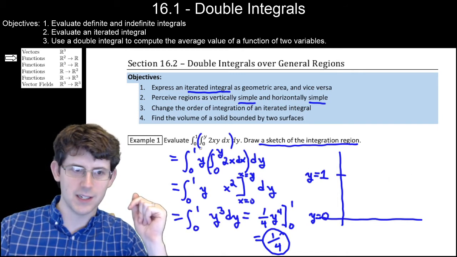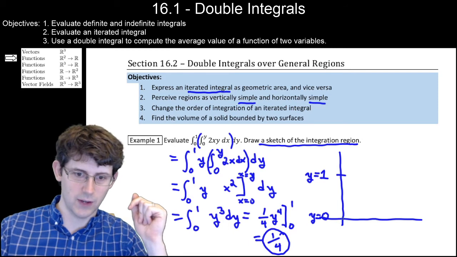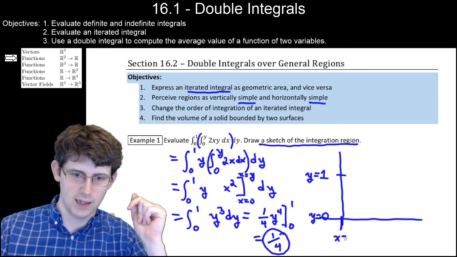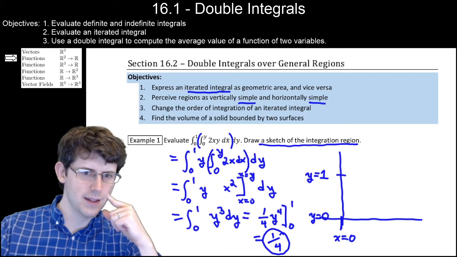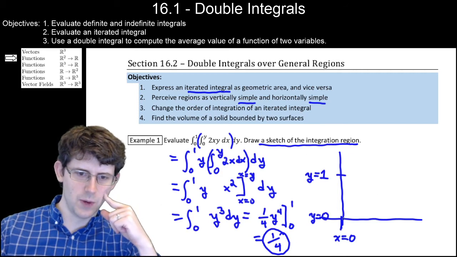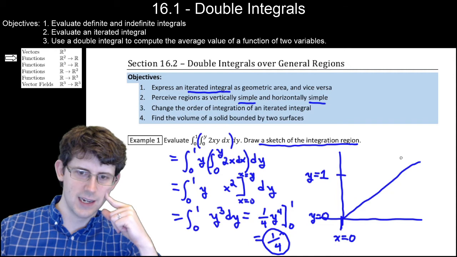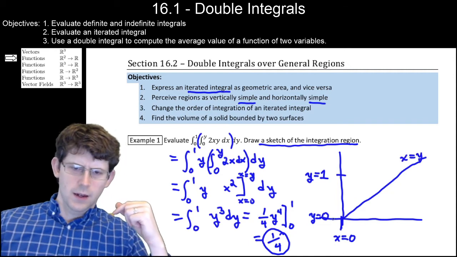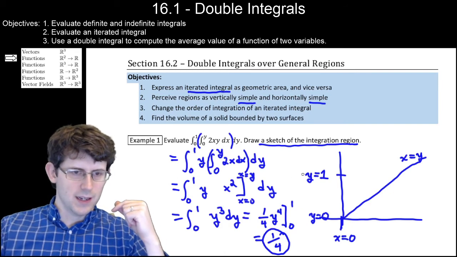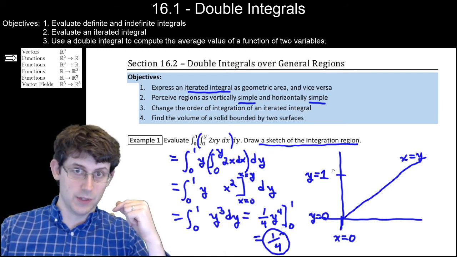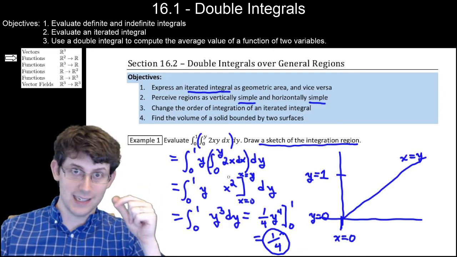Then the x bounds are from x equals 0, okay, that's this line, to x equals y. Well, x equals y is this line. So the lower bound is y equals 0, the upper bound is y equals 1, the left bound is x equals 0, and the right bound is x equals y.